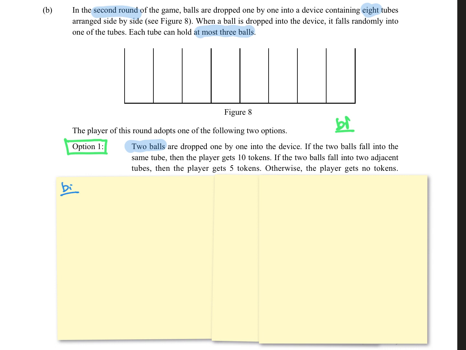The expected number of tokens. Okay, now we need to have the probability of each case. So here we have either getting 10 tokens or 5 tokens or no tokens. We need to get all the probabilities.